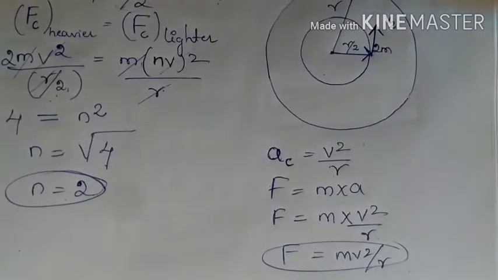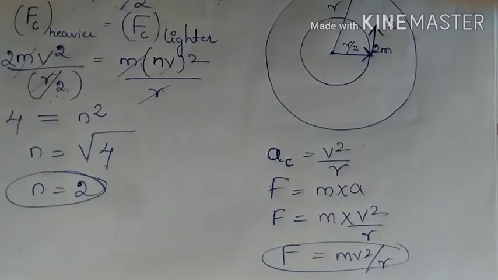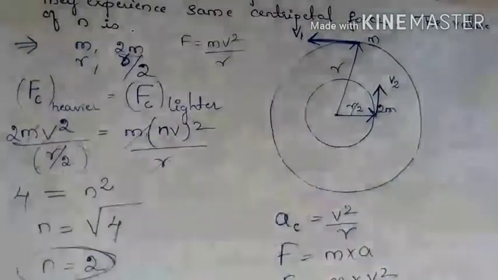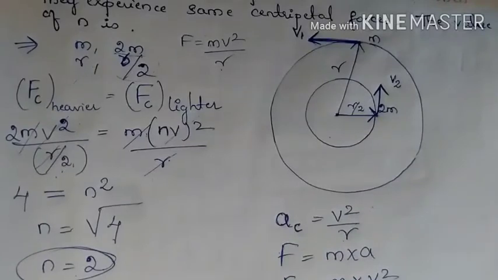This is the centripetal force. The equation for centripetal force is mv square by r, and for centripetal acceleration it is v square by r. Now here is the diagram. In the examination also you have to draw the diagram properly, because a wrong diagram carries 0 marks.